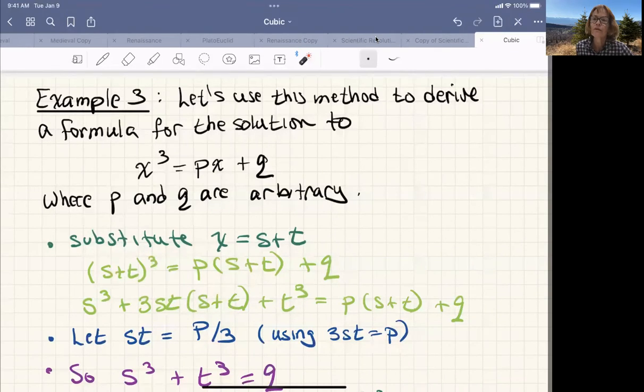But we're going to follow all of the same steps. So we're going to begin by substituting x is equal to s plus t. So s plus t cubed is p times s plus t plus q. And then on the left-hand side, we do the usual thing, s cubed plus 3st times s plus t plus t cubed. And then the right-hand side, we leave it as is.